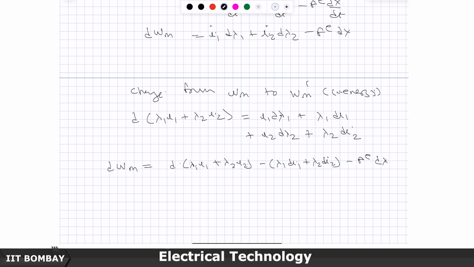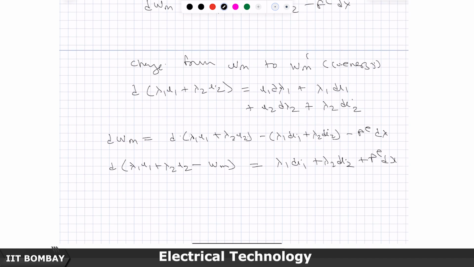What I will get is d of λ1 I1 plus λ2 I2 minus Wm equal to λ1 dI1 plus λ2 dI2 plus Fe dx.